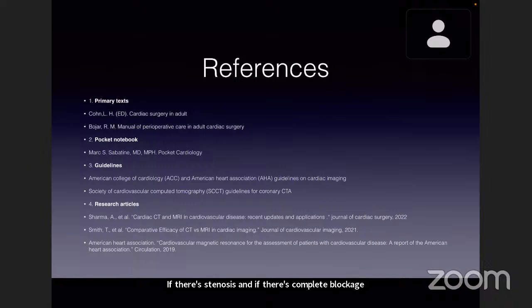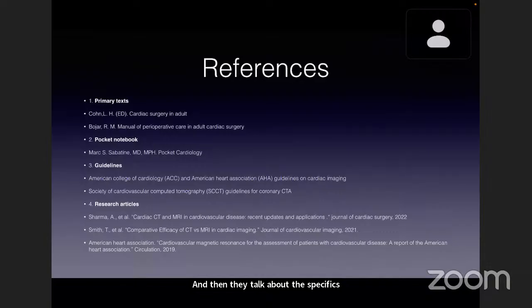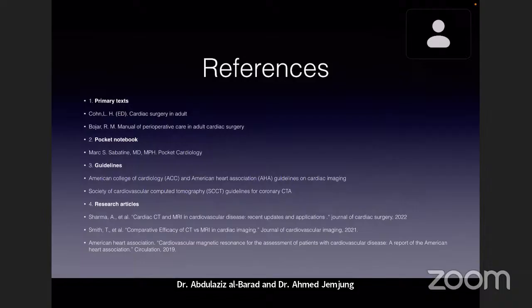And then they talk about the specifics of the stenosis itself, what structures are in it. And if it has calcium, they are also talking about different kinds of calcium that's involved. I was talking to two surgeons who are sitting beside me, Dr. Abdulaziz Al-Baradi and Dr. Ahmed Jamjoom, and the information was intriguing, how this new knowledge is coming up.